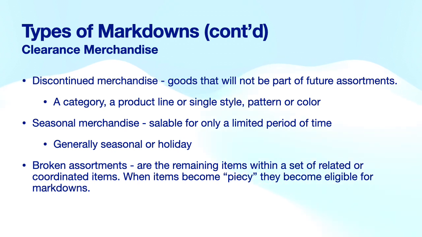All these items collectively are a suit, but they're sold as individual pieces. If the blazer sells out and the skirt sells out, the pants could essentially be marked down as a way to move that particular item out of the store.